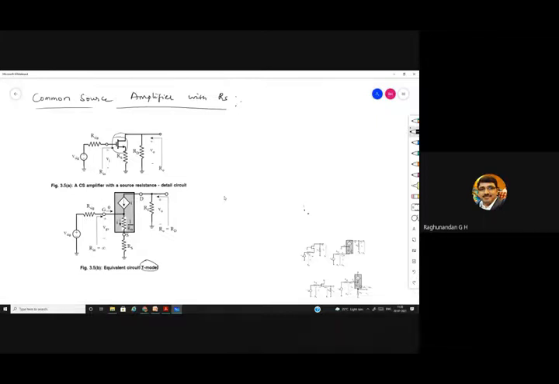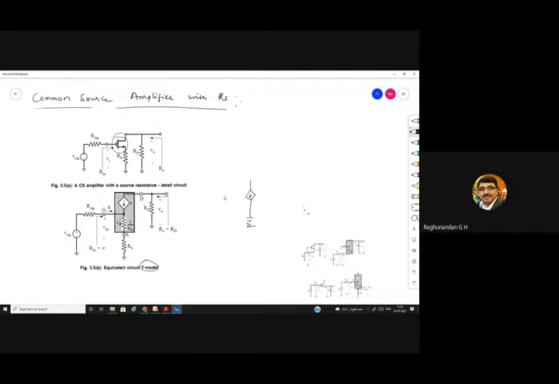When RS is connected, if you remember, in the last case this dependent current source was directly grounded. But here it is not grounded, it is given to the source resistance.